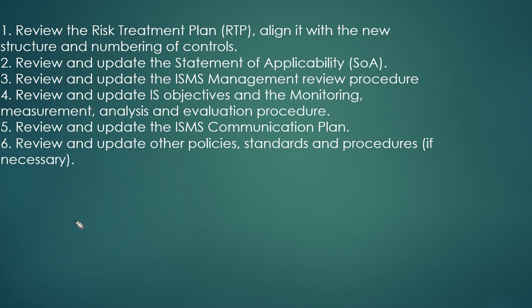The major things we need to do as an organization: the first thing is that you need to hire a consultant who can help you with the successful transition. The second thing is that you need to review your risk treatment plan and align it as per the new control numbering, because earlier we used to prepare the SOA, statement of applicability, referring to the older Annex A controls.